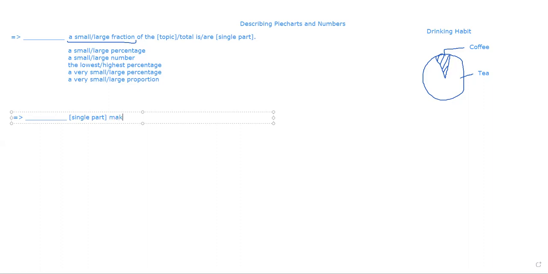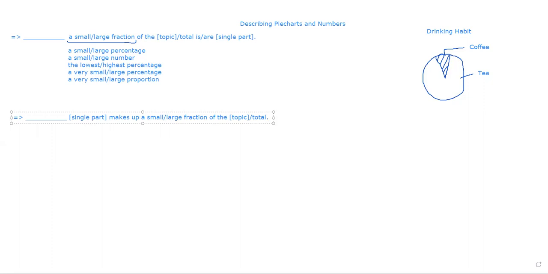So we can use one phrasal verb, make up. We can simply say makes up a small, sorry, a small slash large fraction, then of the topic or of the total, simply of the total.